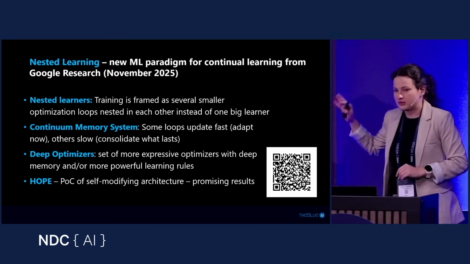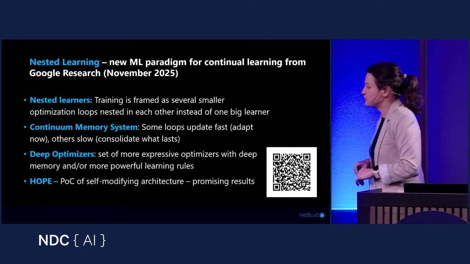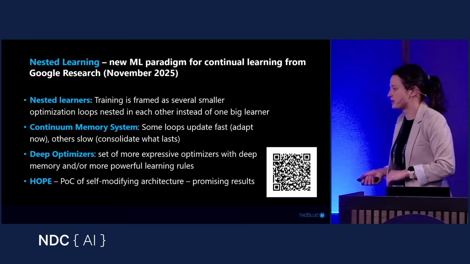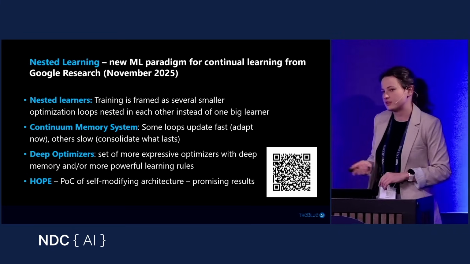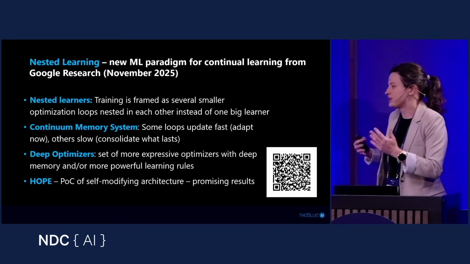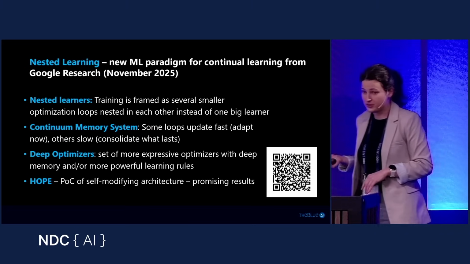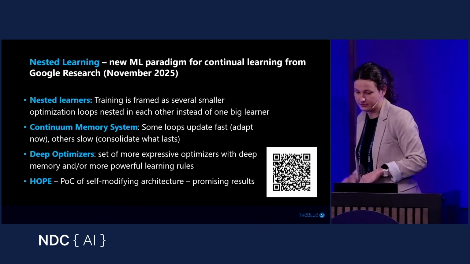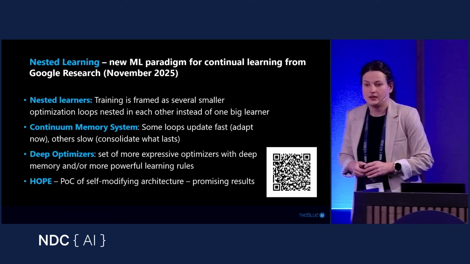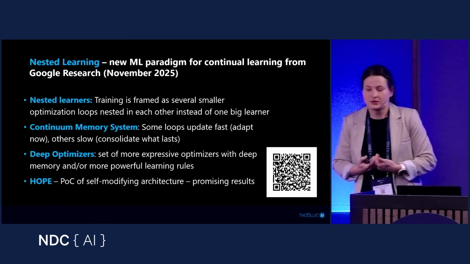And they propose a new POC. This is still quite early research, so for sure it will be interesting to see how this develops. But in their POC, they created a self-modifying architecture, the HOPE architecture, which can adapt itself also when it comes to the optimizers, and they are showing quite promising results in the area of language modeling. So I think the field is really interesting, and there is a lot happening.